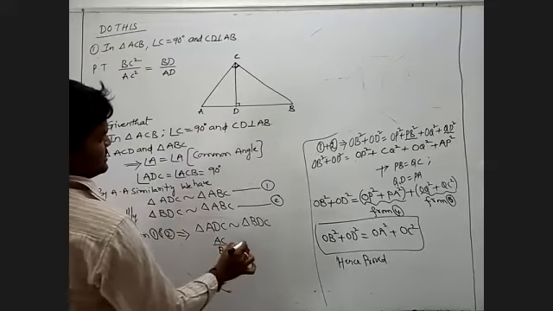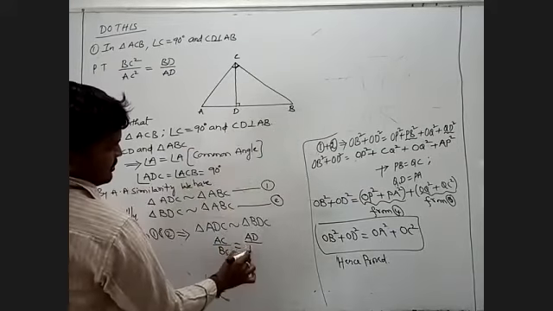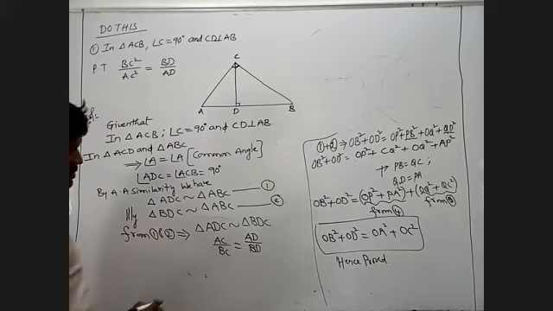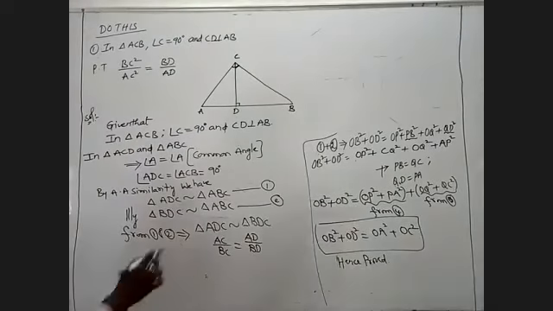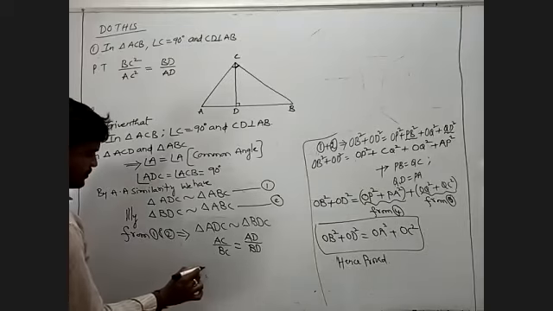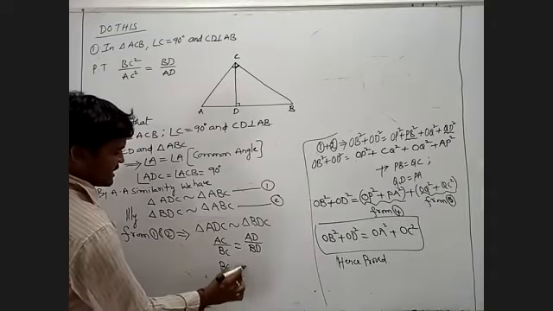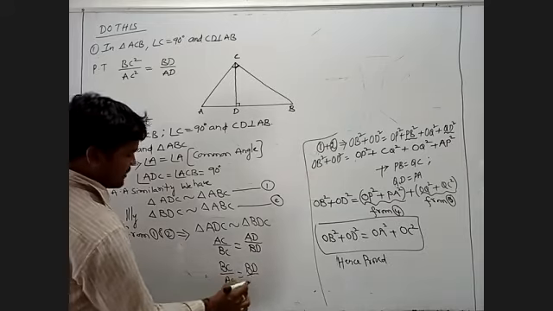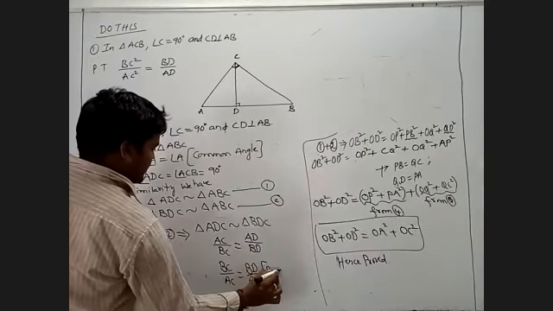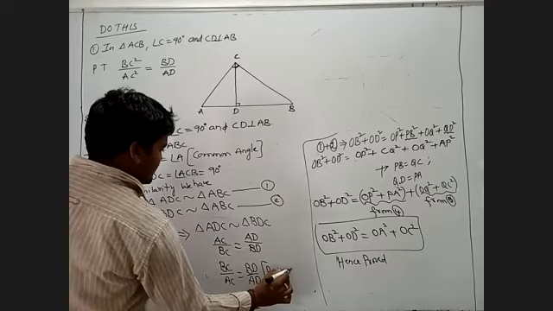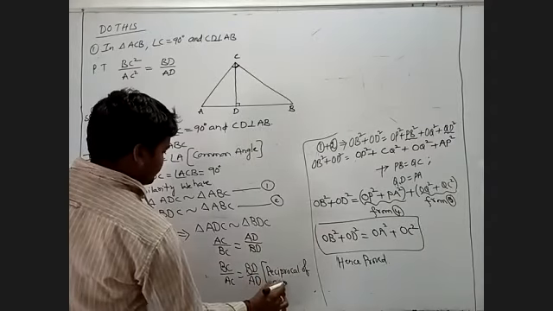I will write AD by, and the given base is BD. There I have to take the reciprocal of the given one. BC by AC is nothing but BD by AD. This is the reciprocal of the given fraction.